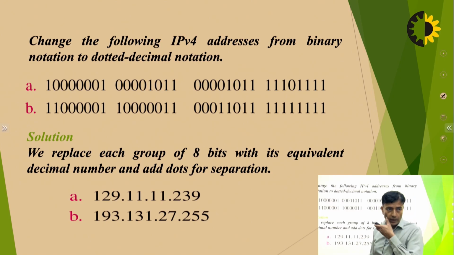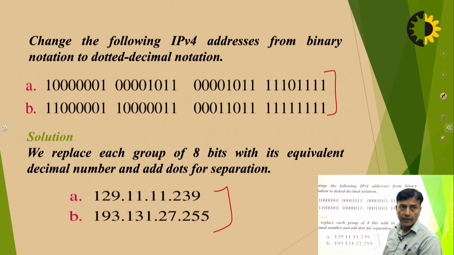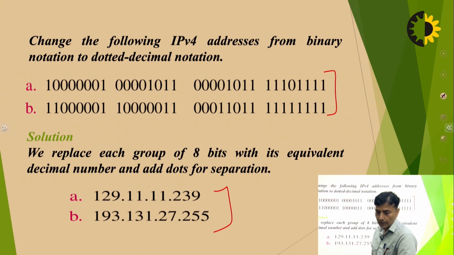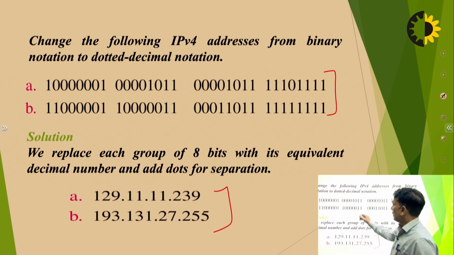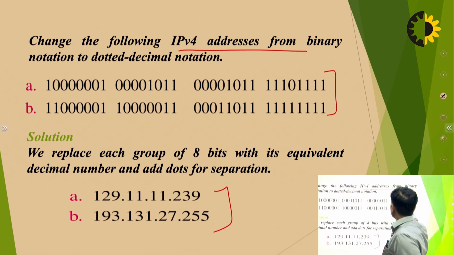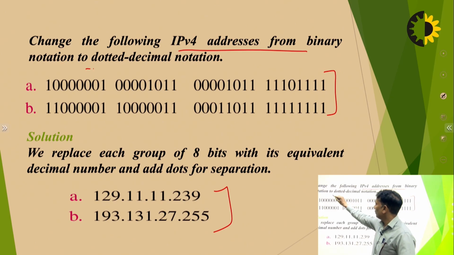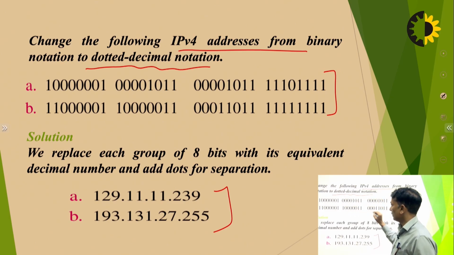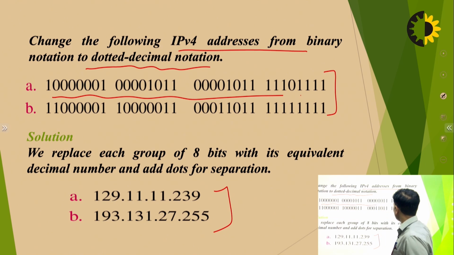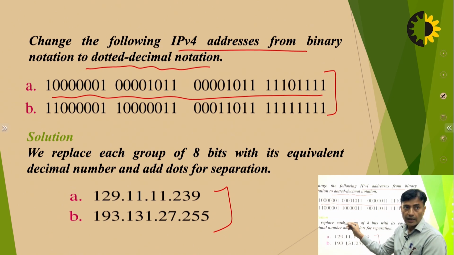Similarly, as we know that binary notation can be changed into decimal and decimal notation can be changed into binary, it is very easy. This is basically binary to decimal conversion and decimal to binary conversion, okay. Like, change the following IPv4 address from binary to dotted decimal notation. First we have to divide it into 4 bytes: first byte, second byte, third byte and fourth byte.